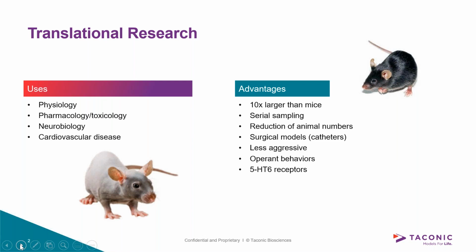Surgical models are often easier in larger species, so vessels are going to be bigger. So if you're inserting catheters or other types of highly technical procedures, the rat lends itself to those models a bit better. On average, they are less aggressive than mouse models, so caretakers do appreciate working with rats once they're comfortable with them, especially when it comes to behavioral research and training rats.